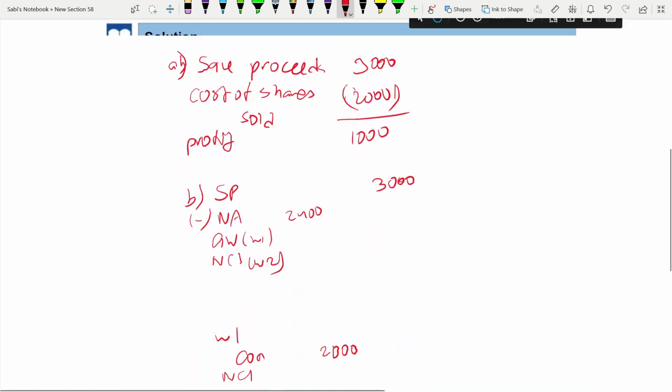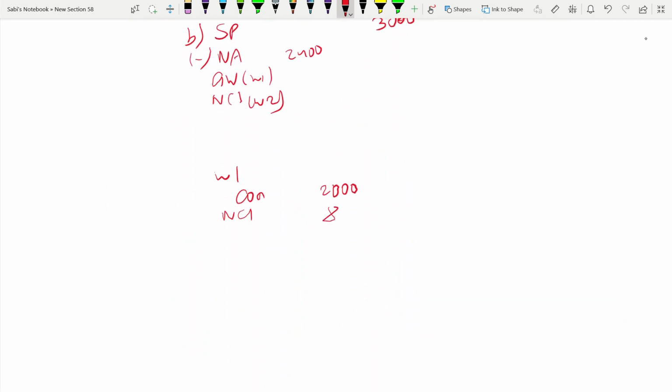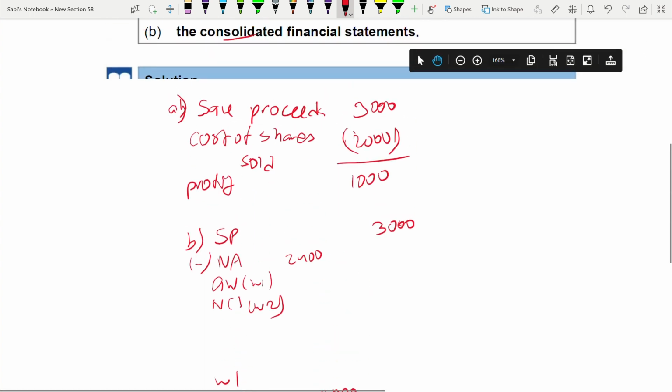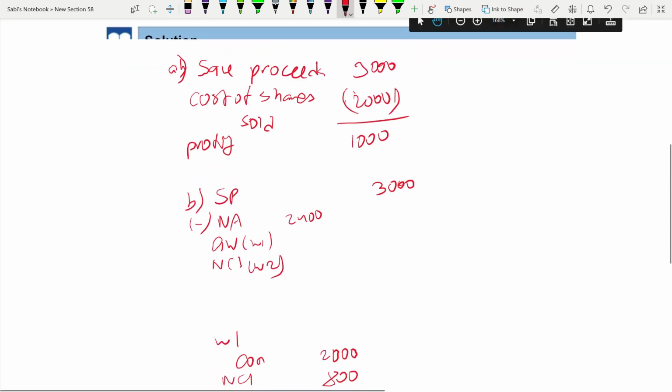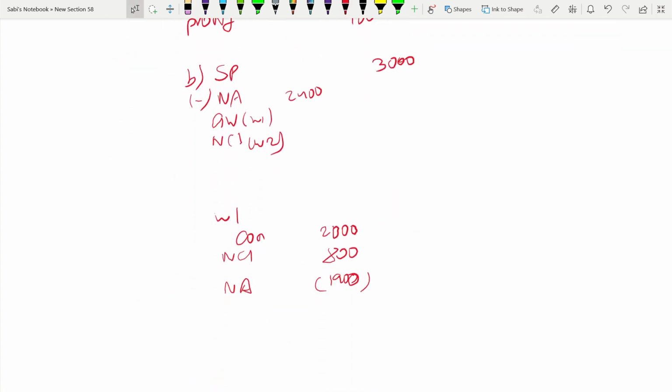This is at acquisition. And minus net assets, which they have already given you as 1,900, at acquisition. So then you are left with 900 goodwill.